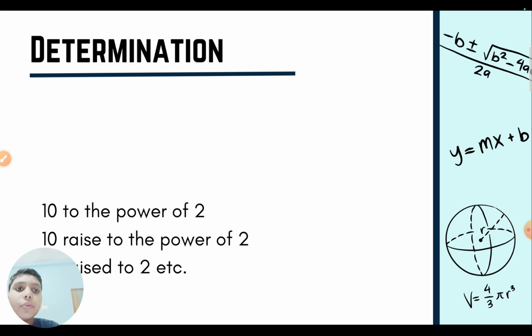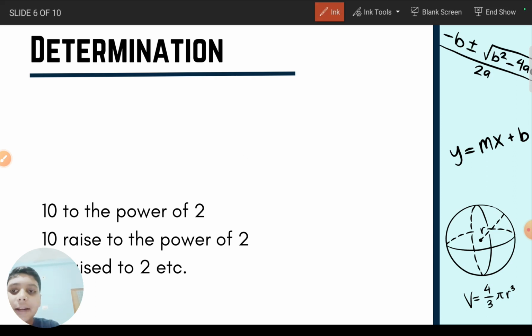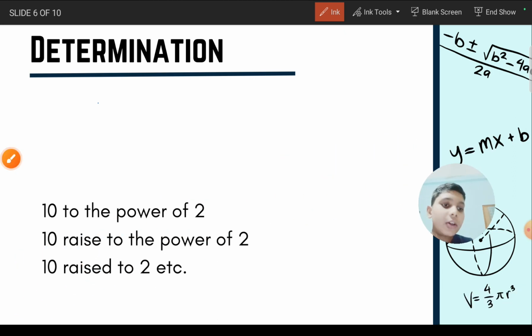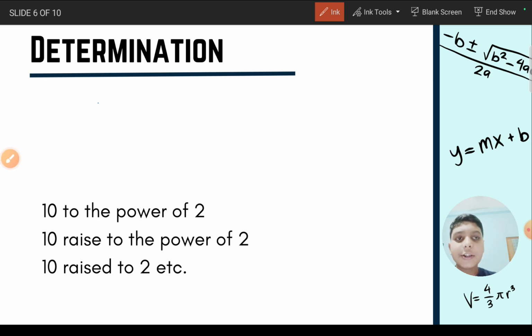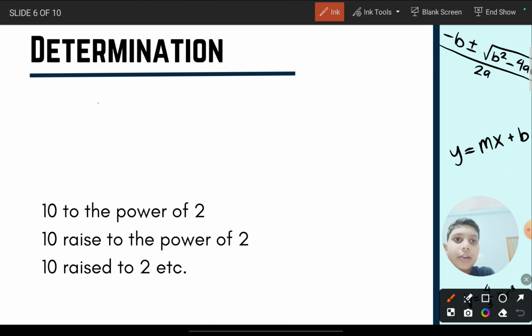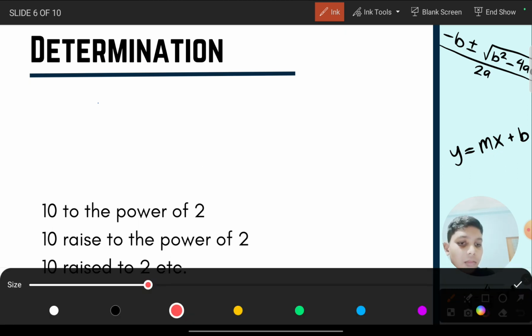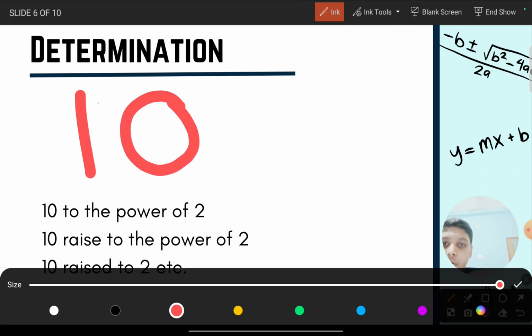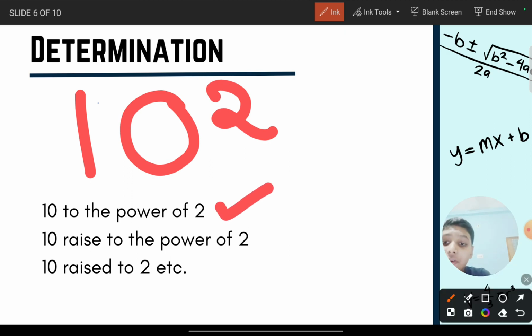Now we come to determination. How can I determine? I will just move the camera so that you can see. Okay, I will be keeping it in the circle. So now you see, how can we determine? I will just write 10 to the power of 2. While I was writing this, I said 10 to the power of 2.